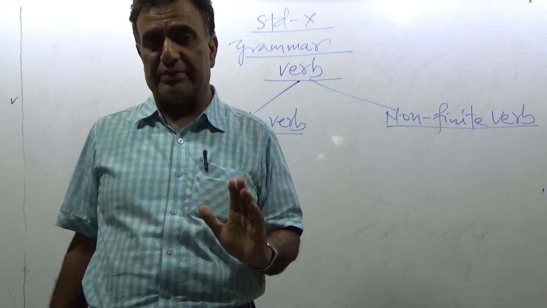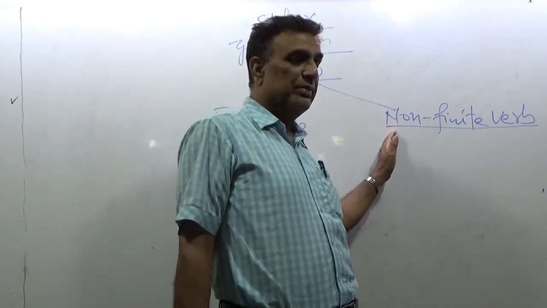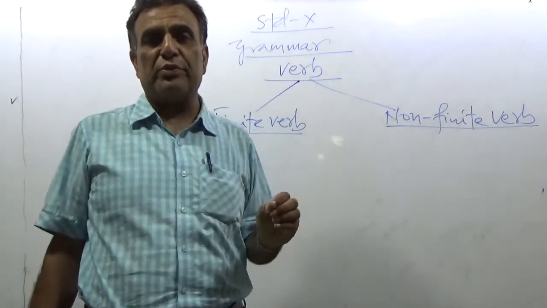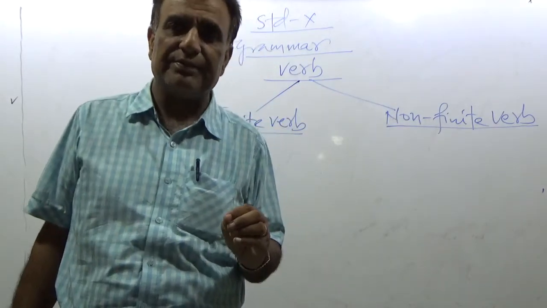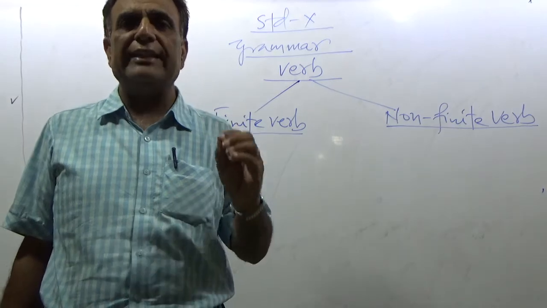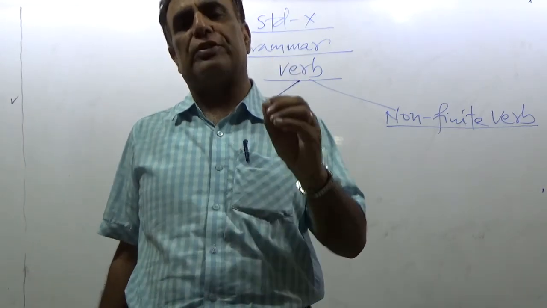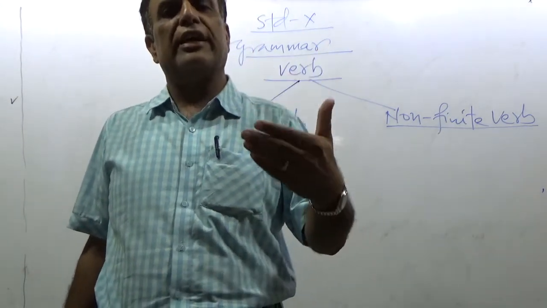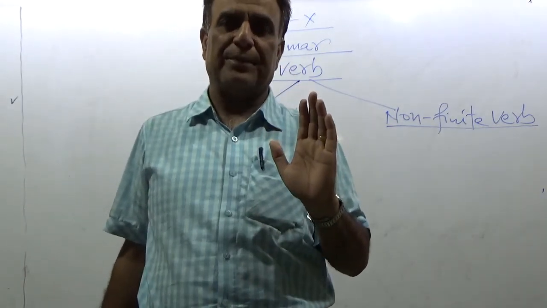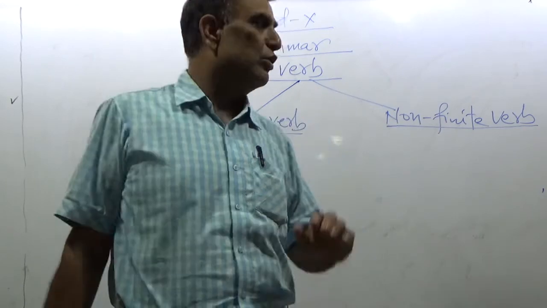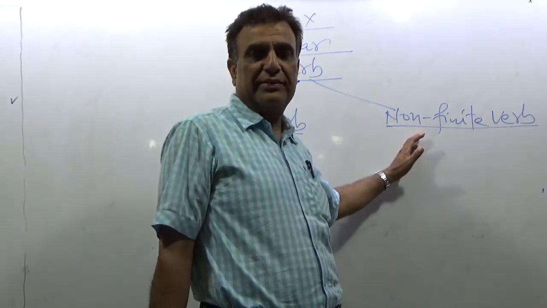Non-finite verbs are those verbs which are not governed by the subject, and they do not make tense, or they are not affected by the tense of the sentence. Those verbs are non-finite verbs.